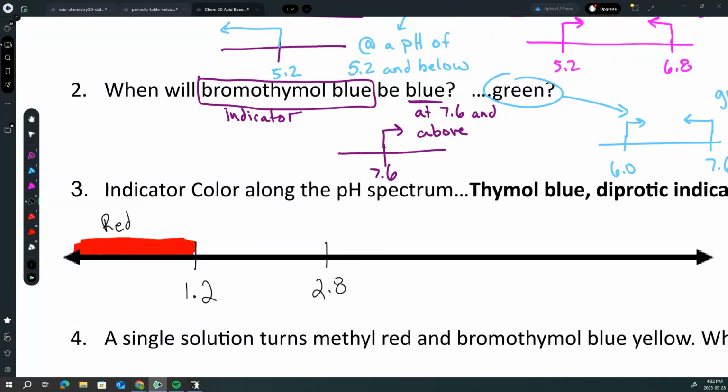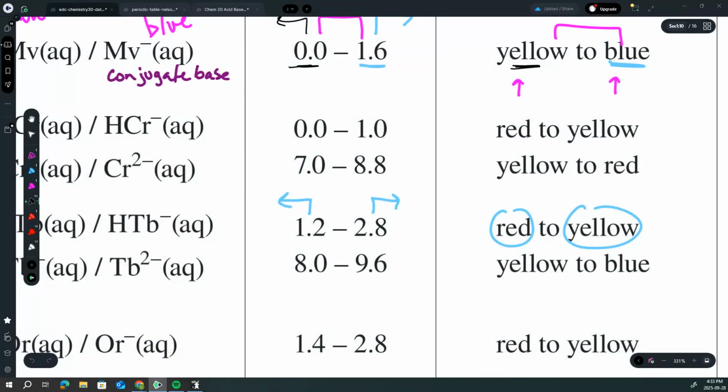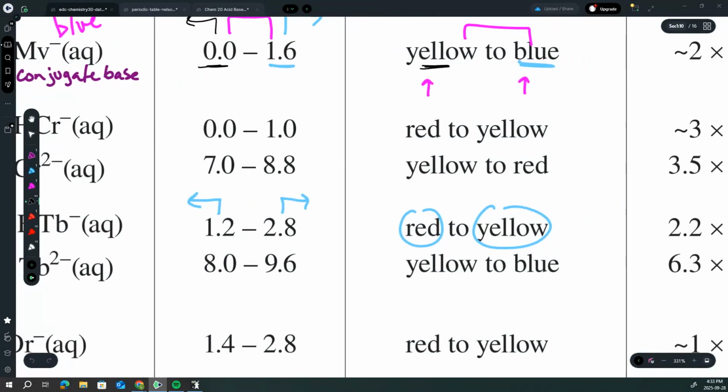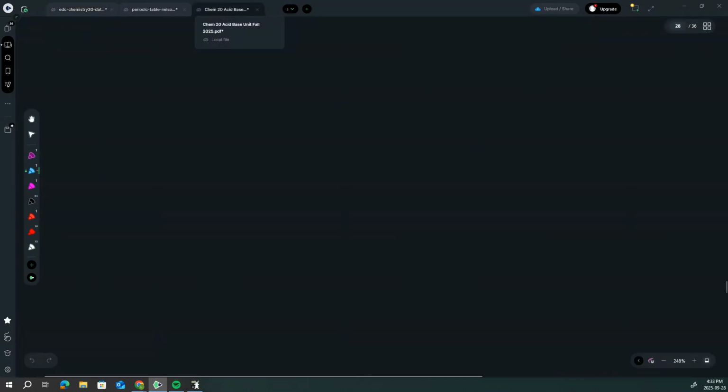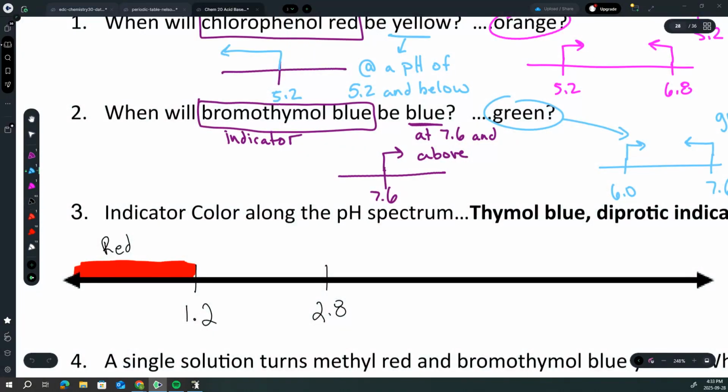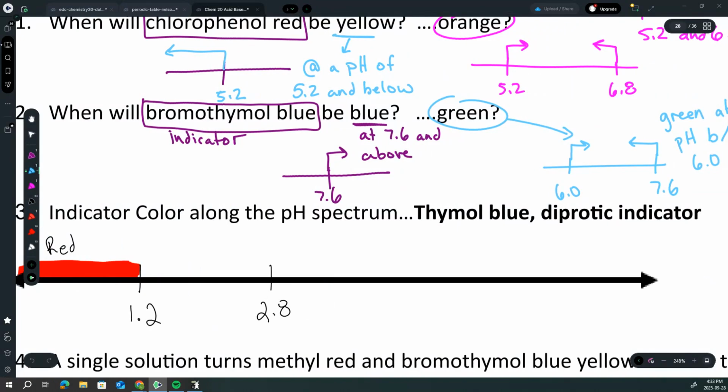But before I draw in yellow, I just want to check out the next line. Okay, so it says it's going to be yellow at 8.0 and below. So what this means is it's yellow between 2.8 and 8. So let's make sure to capture that. So this is not going to be to scale by any means.